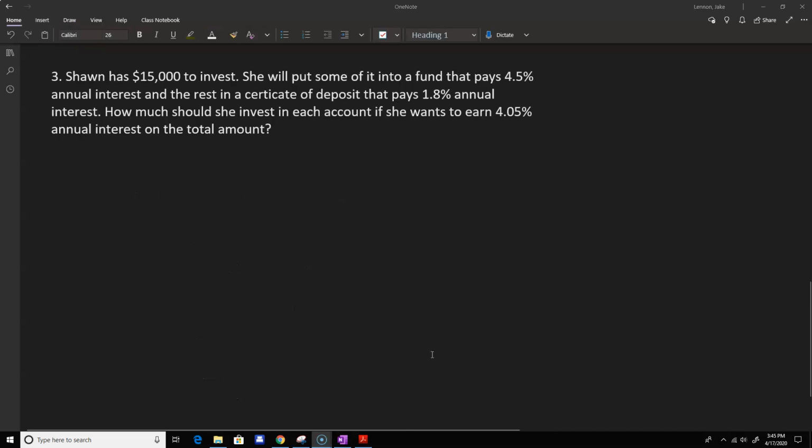Okay, so for this third problem, we have Sean that wants to invest $15,000, and basically she is going to invest it in 2 accounts, one that's earning 4.5% annual interest and one that is earning 1.8% annual interest. So basically, we want to see how much would be invested in each account if the final earnings came out to 4.05%.